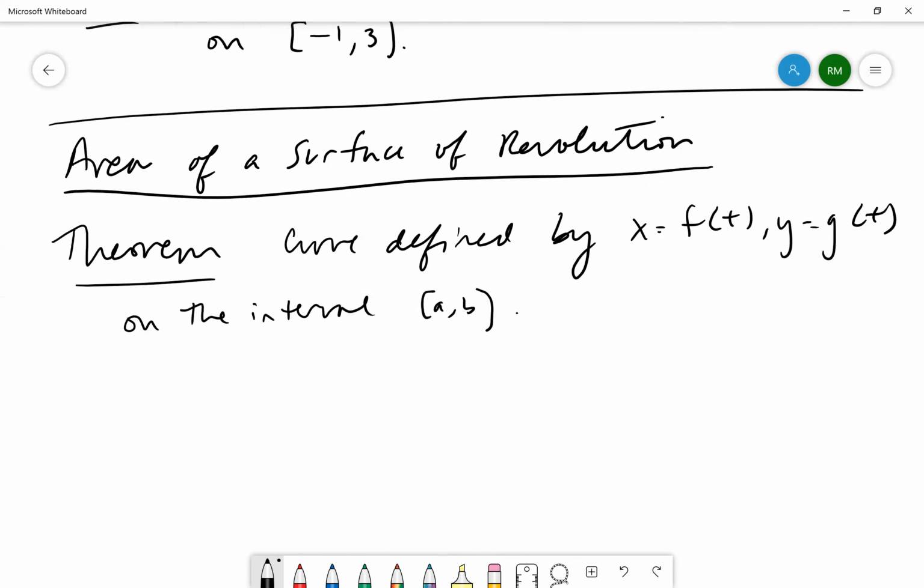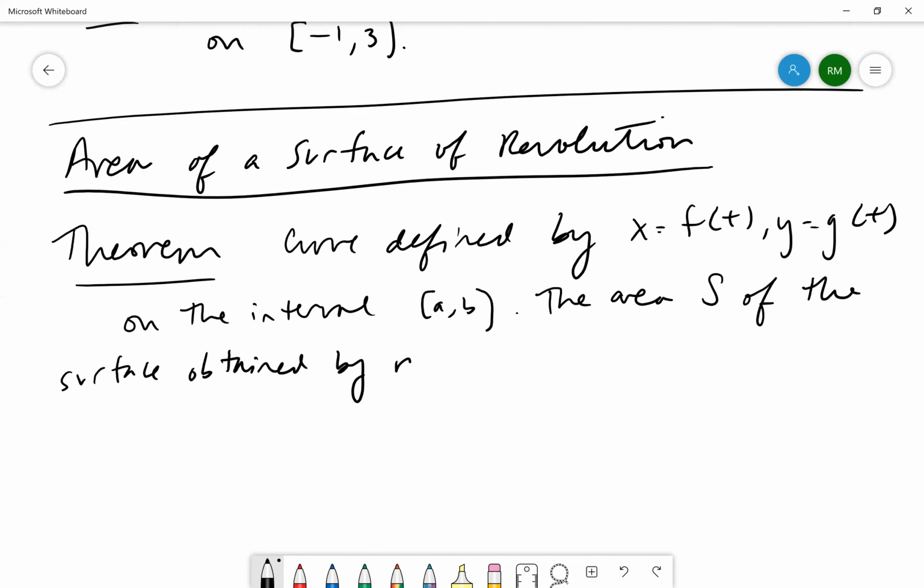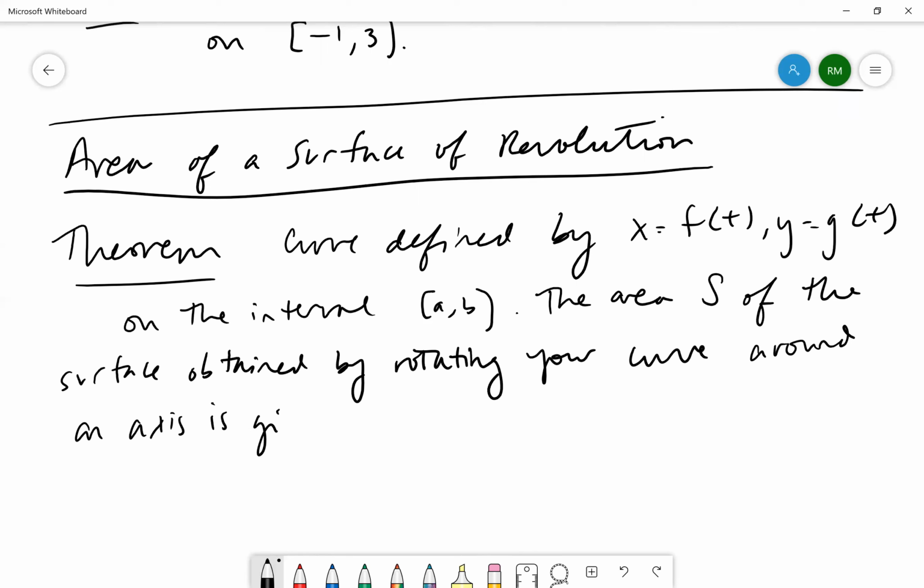So we need to find the area S of the surface obtained by rotating your curve around an axis. It is given by this equation when you've rotated it around the x-axis.